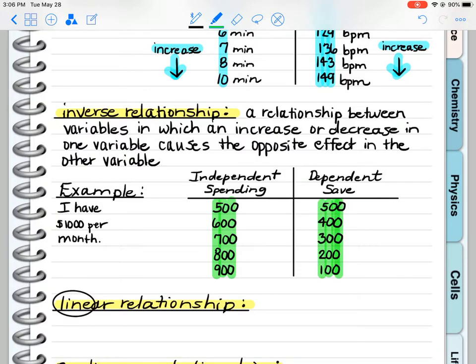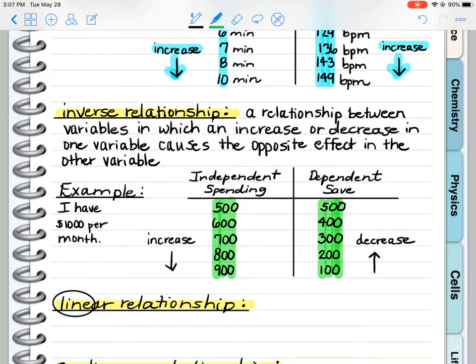So one of them's increasing and one of them's decreasing. 5, 6, 7, 8, 9 is increase. 5, 4, 3, 2, 1 is decrease. Okay, so this one's getting bigger, this one's getting smaller.